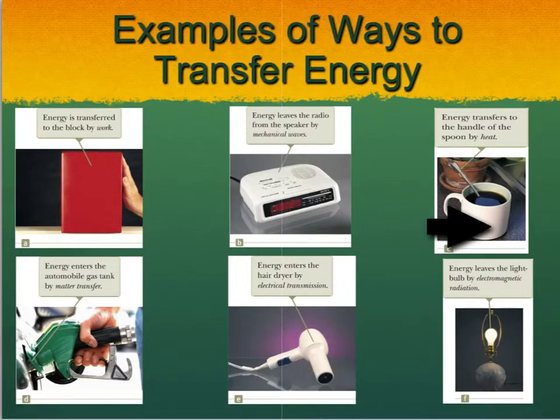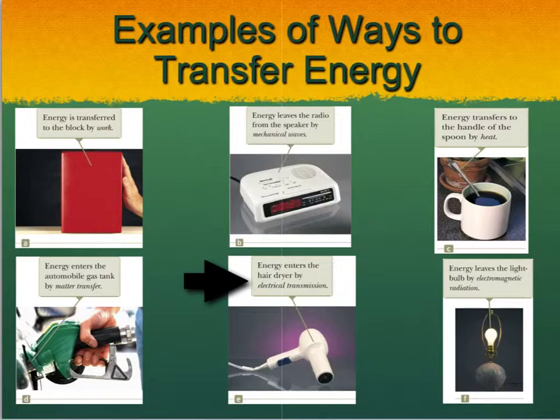Another type of energy transfer would just be matter transfer, and matter is physically crossing the boundary of the system, and that's carrying energy with it. So energy's entering, for example, a gas tank through matter transfer. So I'm pumping gas in my car, we're giving it energy. Another example would be electrical transmission. So that's just energy transfer either into or out of a system through electric current.